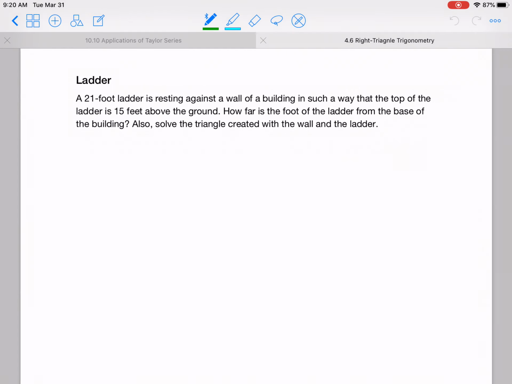Here we've got a 21-foot ladder resting against a wall of a building. It's in such a way that the top of the ladder is 15 feet above the ground. So here we've got our building, let's say.